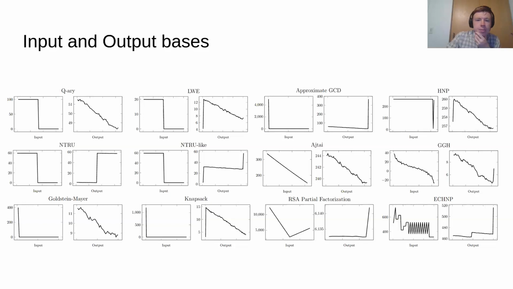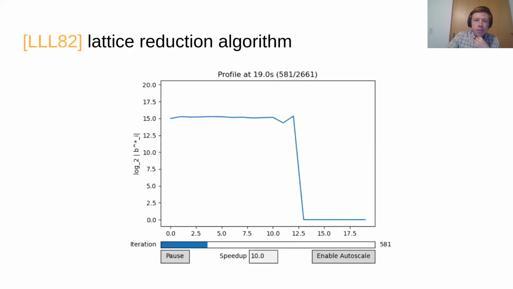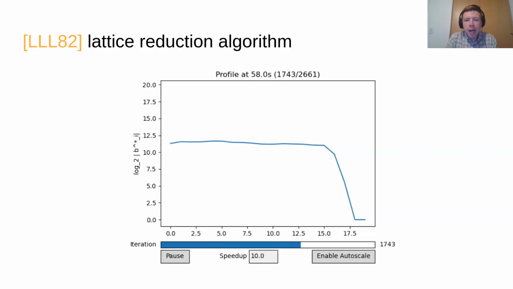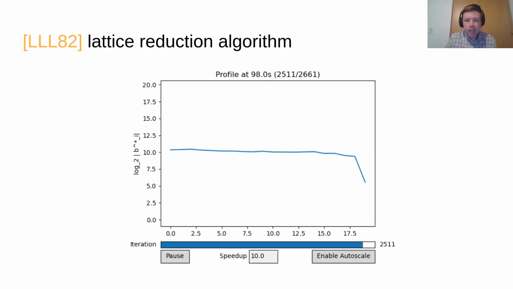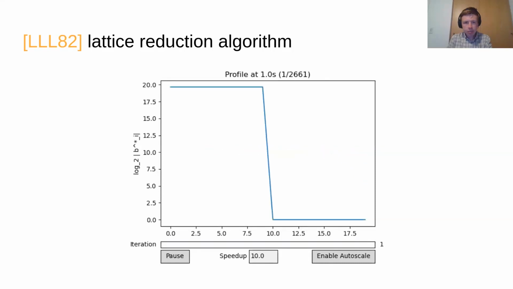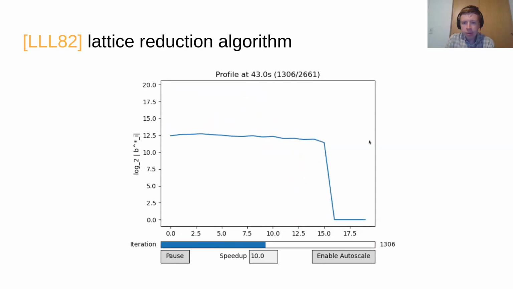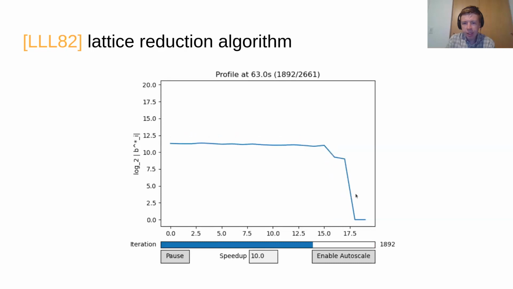All right, so those are input and output bases for lattice reduction. The first algorithm that I want to talk about is the LLL algorithm from 1982, which solves this problem in polynomial time, and it achieves a Lovász-reduced basis. If we start at the beginning here, we see the profile, and throughout the reduction, we have this large decrease here.